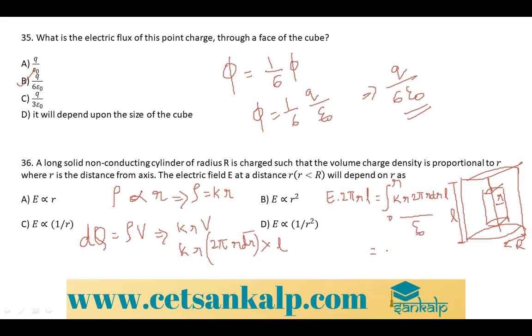Now what can I do? k is constant, so r squared, 2 pi constant, integration, L constant, r dr from 0 to r whole divided by epsilon naught. So E into 2 pi RL, the 2 pi L cancel.